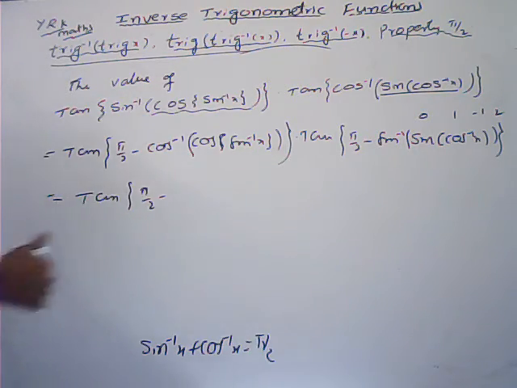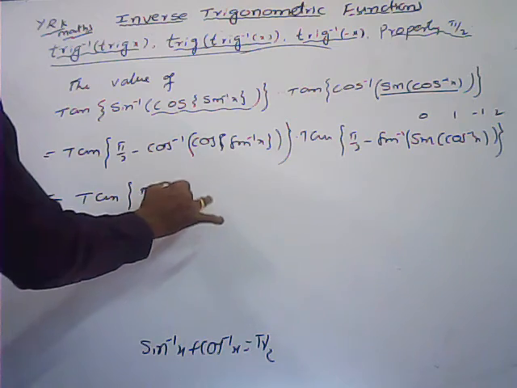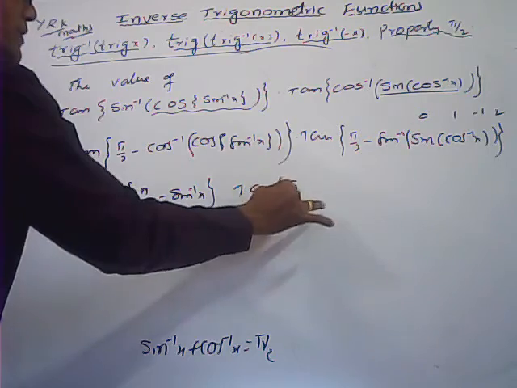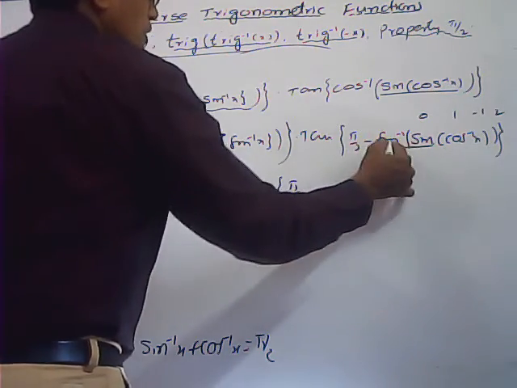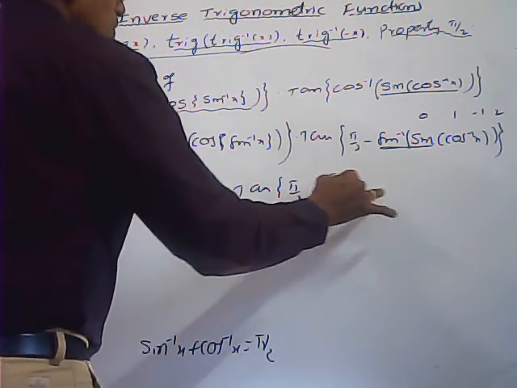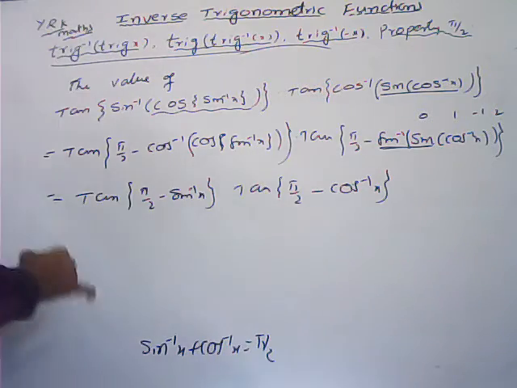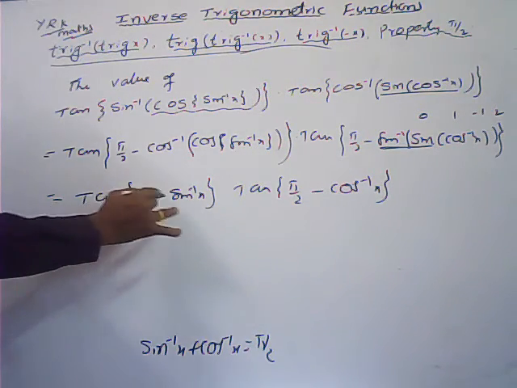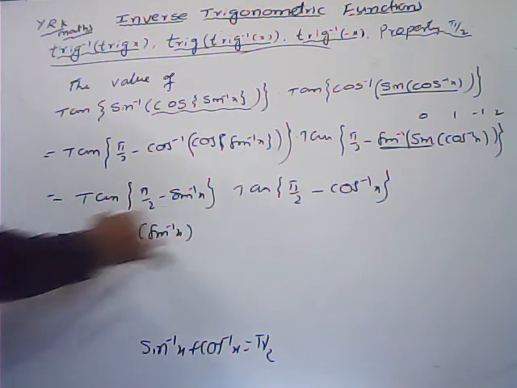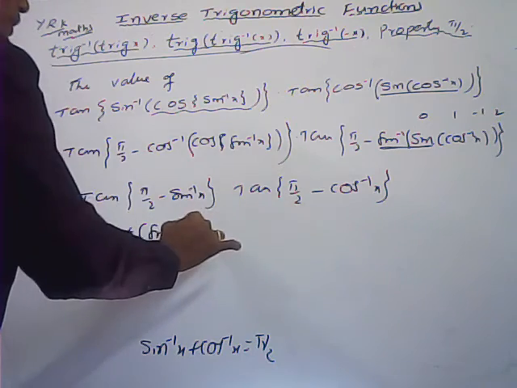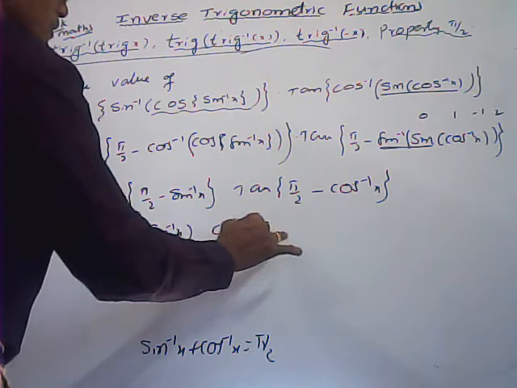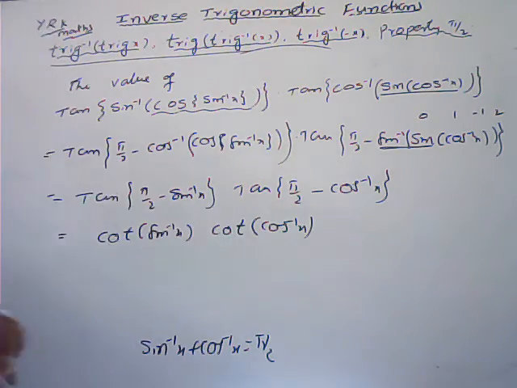So here we can write tan of 90 minus sin inverse of sin, the composite gives x only. Tan 90 minus theta is cot theta, cot of sin inverse x, and here also cot theta, that is cos inverse x.